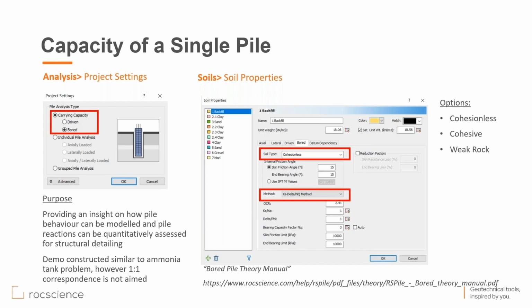The theory behind determining the capacity of a single pile is mostly available in the literature, and what has been preferred in the RSPile software is clearly documented in the online PDF file, which you can access right now.